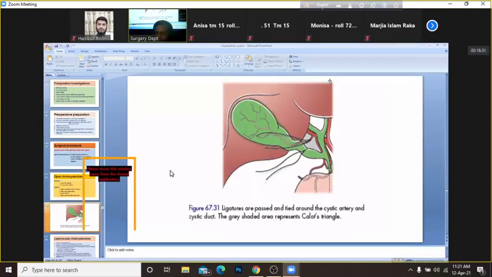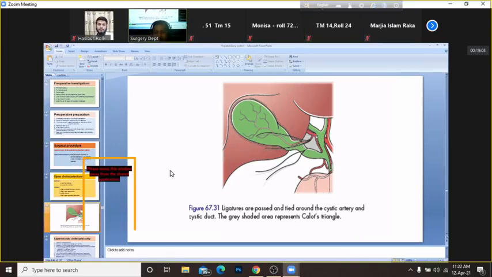So you see, this is the gallbladder, this is the cystic duct, this is the right hepatic artery. So if we want to do the cholecystectomy, we have to display Calot's triangle. Calot's triangle is bounded above by the liver, below and to the right by the cystic duct, and to the left by the common bile duct and right hepatic duct.